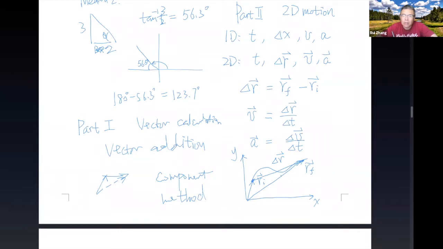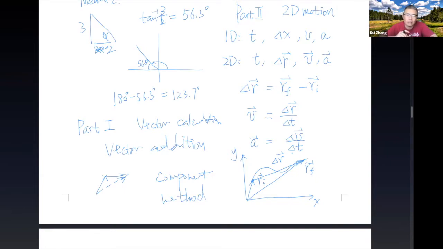This all sounds like the same thing. If you want to calculate velocity, you need to use vector subtraction to get this delta r, and similarly, to get acceleration, you need vector subtraction to get delta v. You may say, wow, this is too complicated, it seems impossible to do any actual problem.